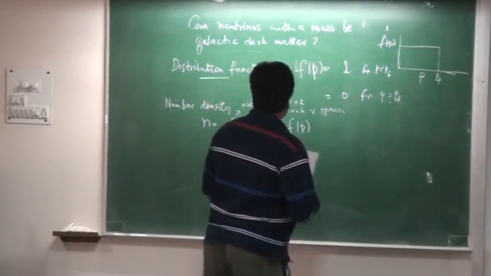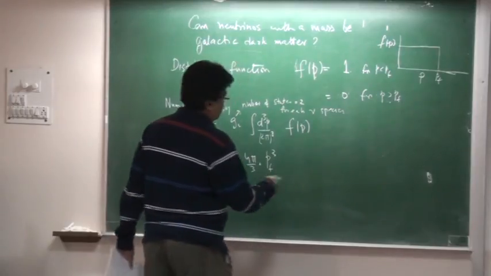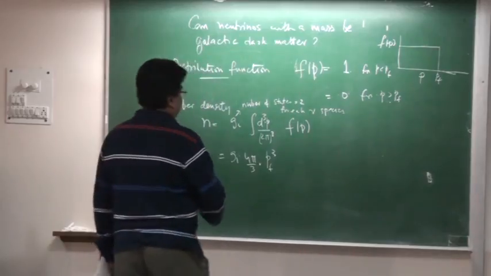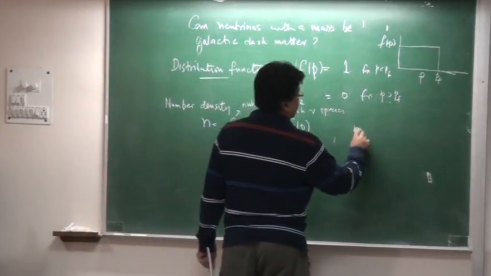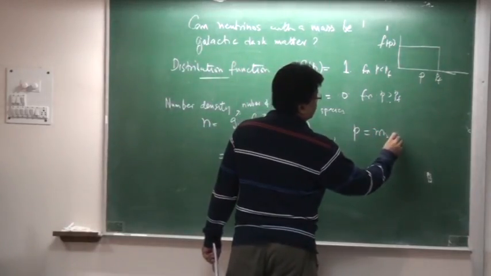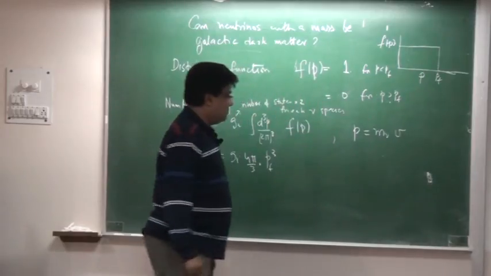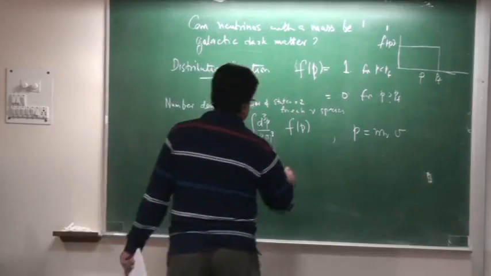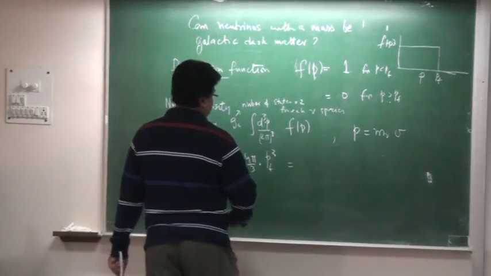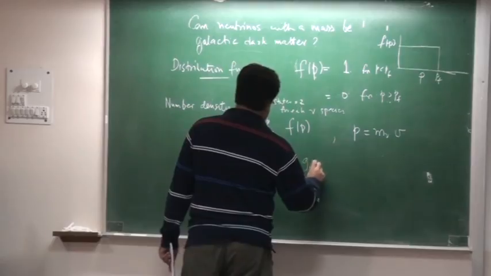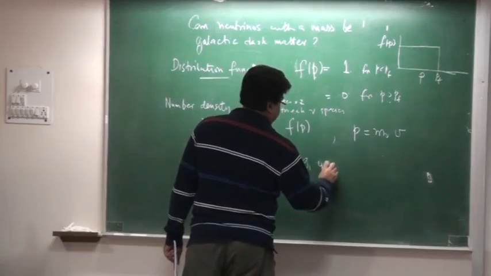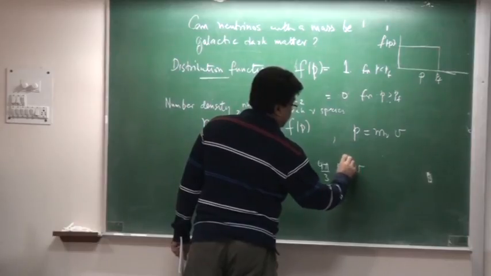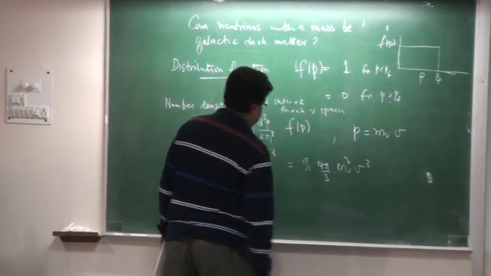The momentum for non-relativistic neutrinos, if they are in the galaxy, they have to be non-relativistic, should be m nu times the velocity of the neutrinos, and this tells you that this is V cube.